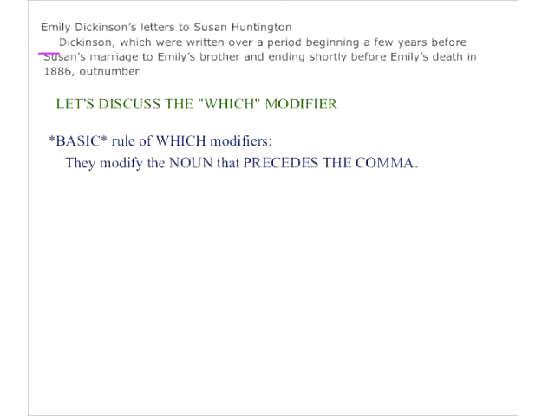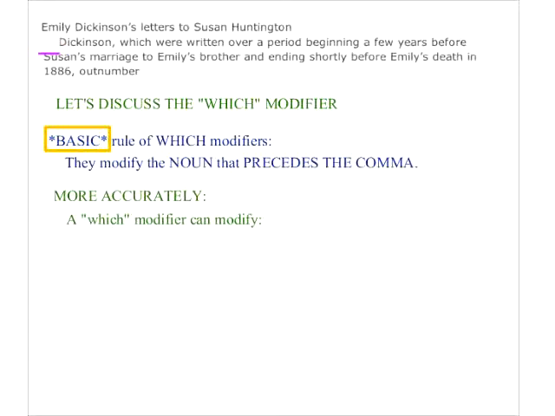On the other hand, this is a basic rule, and in instances like this, we're going to need to modify this rule. So, a little bit more fine-grained look at this. More accurately, a which modifier can modify the immediately preceding noun.